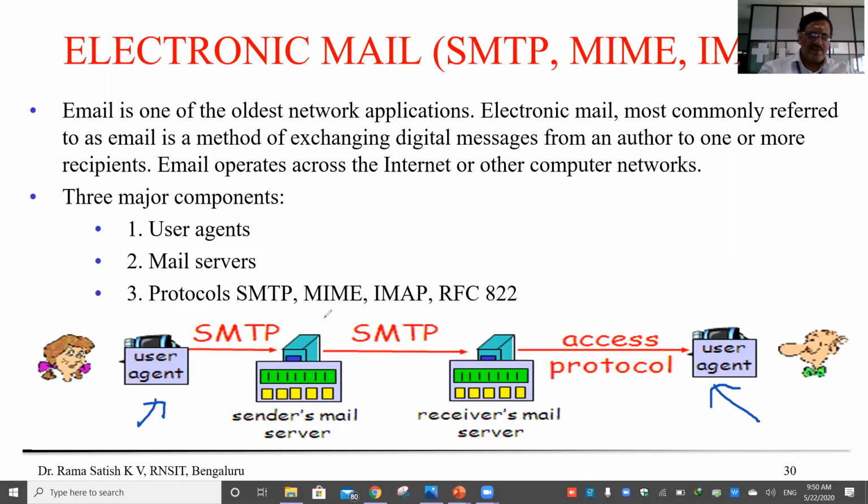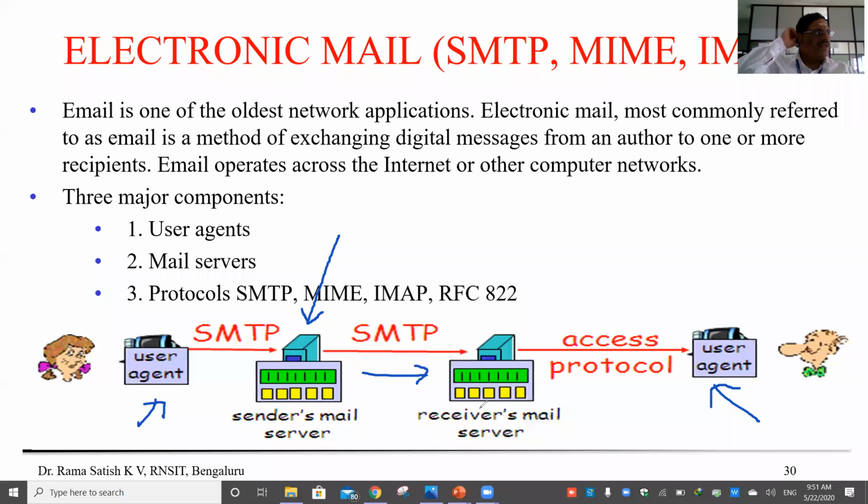When you send a mail, what happens? It will be stored in a server. This server will find out to whom this particular address belongs. It searches among all the other SMTP mail servers in the world. Once it is found, it will be transmitted there.